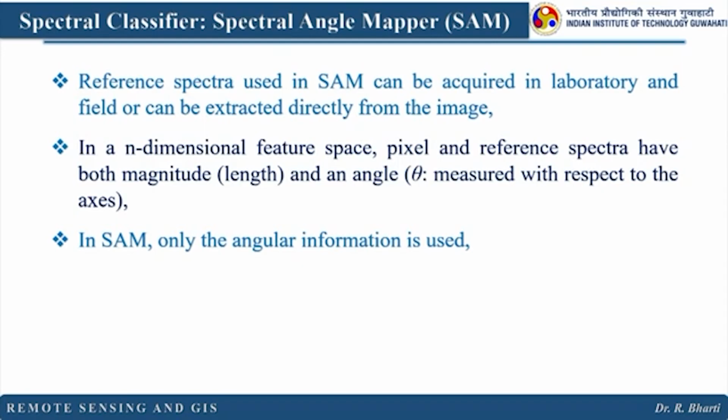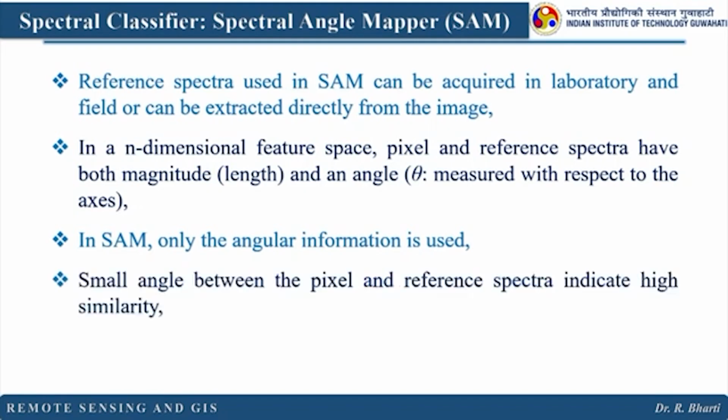We just have to identify what the theta is between the reference and the target. Target is basically your image end members which we want to classify. So, when we talk about the target spectra, that means we are talking about the pixel, because we are going to assign a class to those pixels which have been identified for this classification.